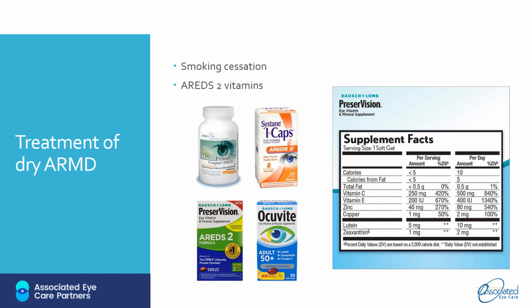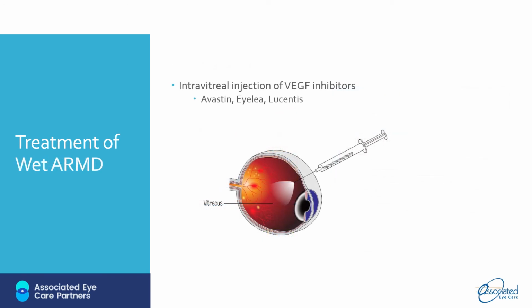So nothing can reverse vision loss. What we're trying to do is prevent worsening for dry macular degeneration. For wet macular degeneration, the idea is to reverse vision loss. So in wet macular degeneration, the problem is related to the fact that they have abnormal blood vessels breaking through these brittle layers in the back surface of the retina.